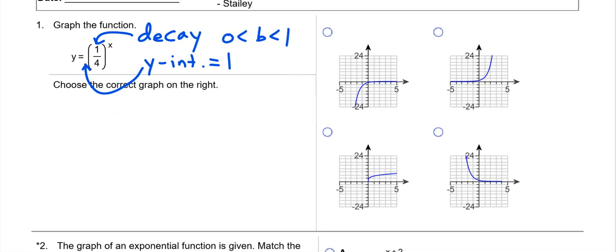Here, we'll label them A, B, C, D just for these variables, because sometimes it's easier to see them that way. Which one of those are we dealing with? Exponential decay.